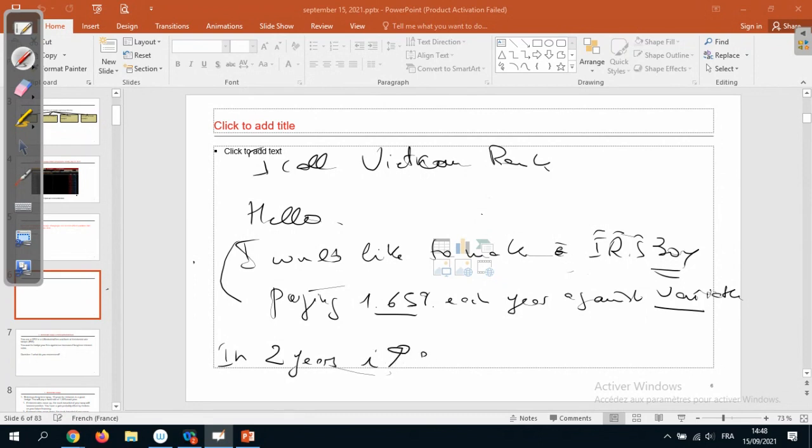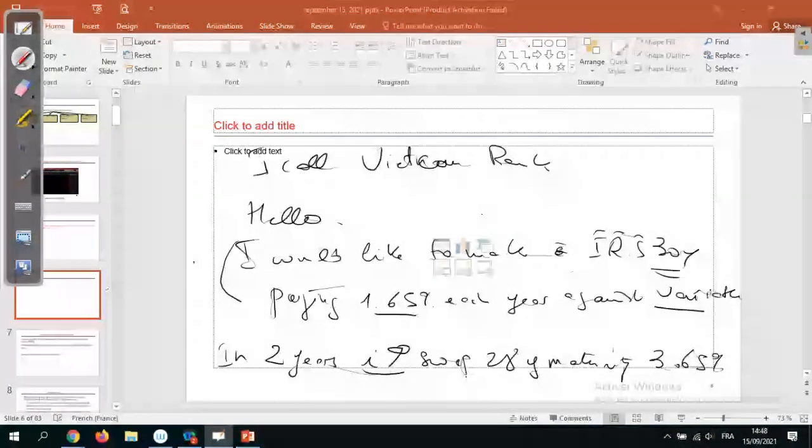And now the swap, 20 years maturity, pay a fix of 3.65%. Imagine. Okay, the interest rate, why?